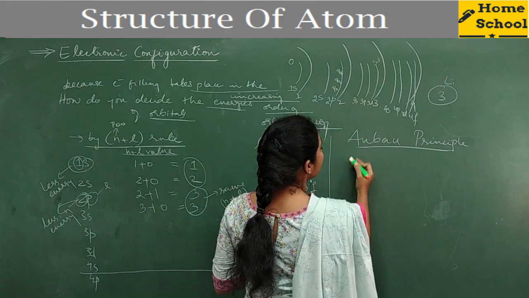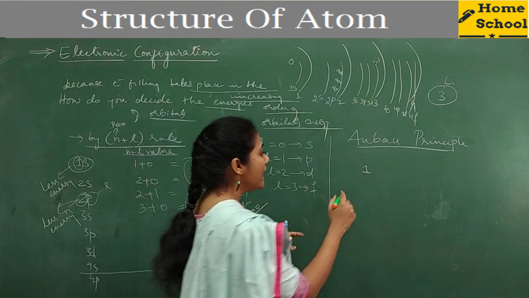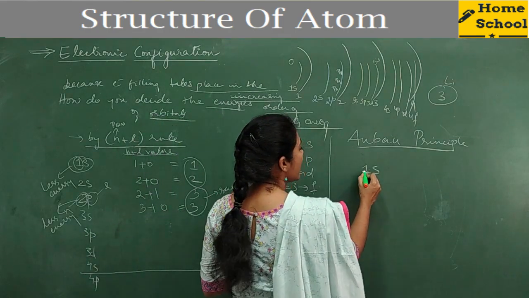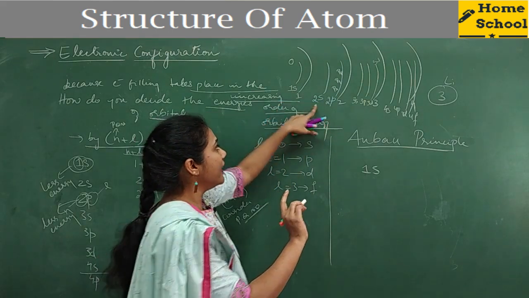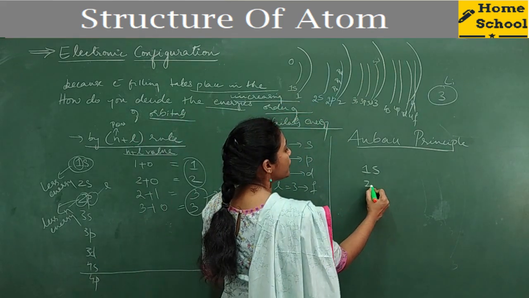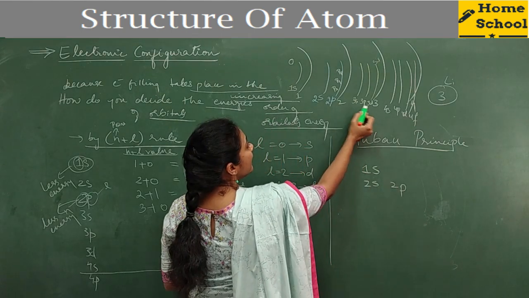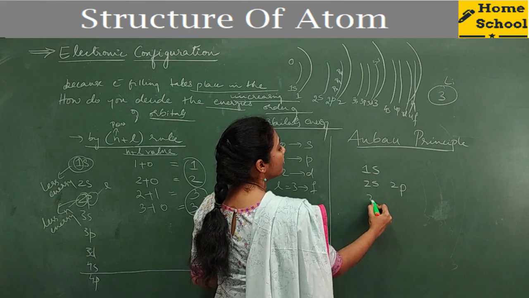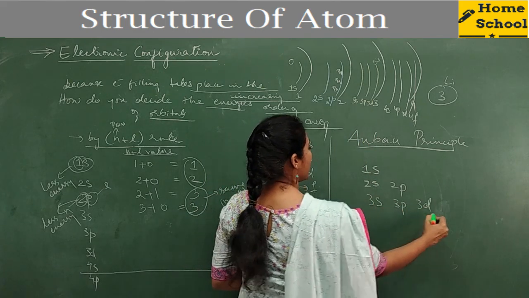If you can remember this, writing electronic configuration is very easy. In the first shell you have only one subshell, that is 1s, right? In the second shell you have 2s and 2p. In the third main shell you have the 3s, 3p and 3d subshells.